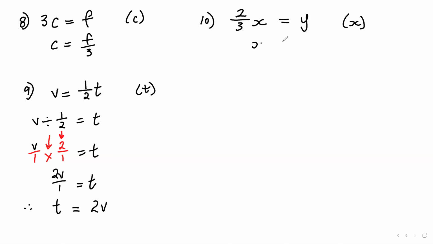Now, saying y divided by 2/3 is the exact same as saying y times the reciprocal of 2/3, which is 3 over 2. So that would give me x is equal to y times 3, which is 3y, and then over 1 times 2, which is 2. So x is equal to 3y over 2.